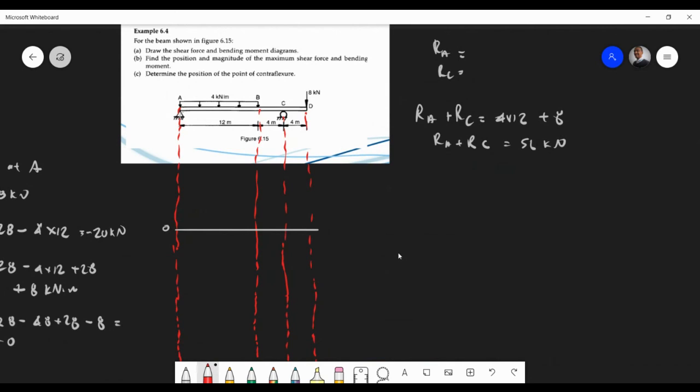Okay, so with the UDL, remember, the first thing we have to do is say it's kilonewtons per meter. So it's 4 times 12, and we know a UDL acts at the center of the span it's covering. So 4 times 12 will give you 48 kilonewtons. That's the first thing.